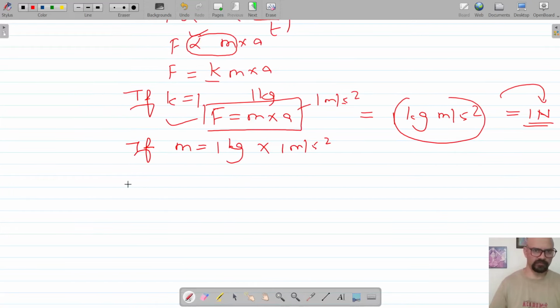Now we have the SI unit of force, that is Newton, and we are going to define 1 Newton. So what is the definition of 1 Newton?